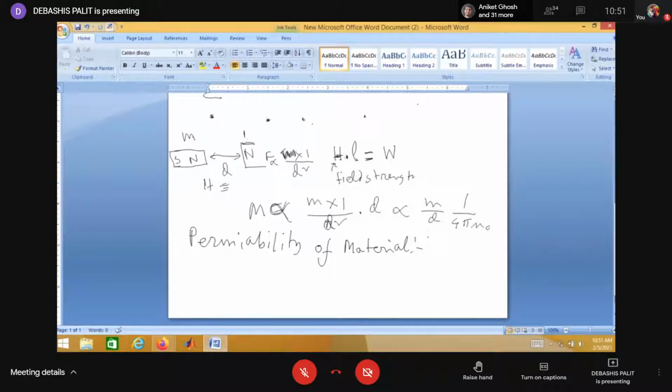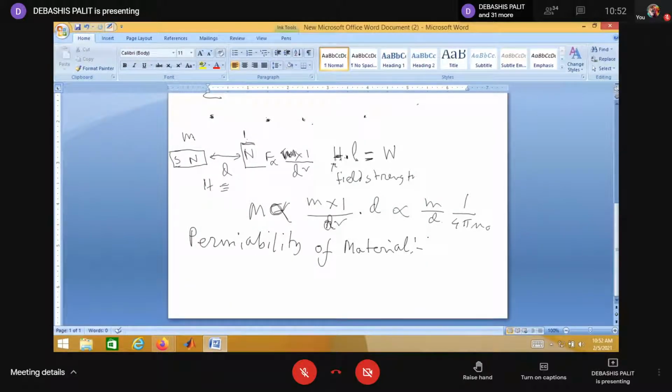So how much flux the magnetic circuit can carry. Permeability defines the conductivity of the magnetic circuit, analogous to the conductivity of an electric circuit. So how much flux it can drive, the permeability of the magnetic material can define. Just like the conductivity of a material defines how much current can flow through a conductive circuit or a conductor, permeability is analogous to conductivity.